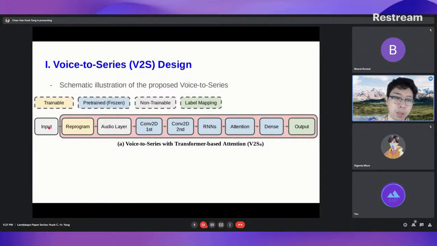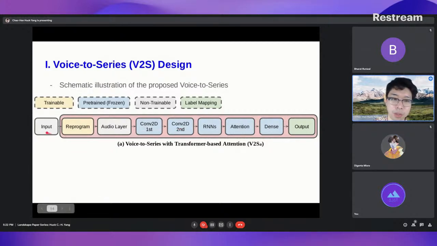So you can directly use the reprogramming layer, add a trainable noise on the input, and then the audio layer, although it's not trainable, is differentiable, and the other side is the pre-trained model. And finally, we do this label mapping. But right now, I think in the recent half year, both TensorFlow and PyTorch support differentiable DSP layers, so this application can be much wider.